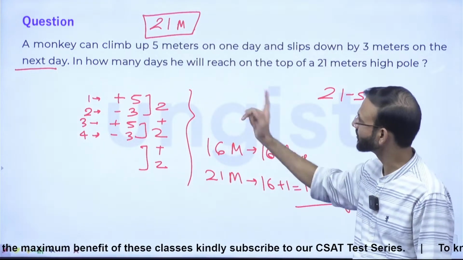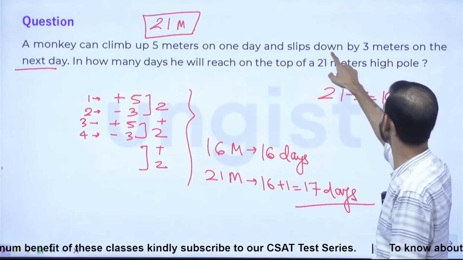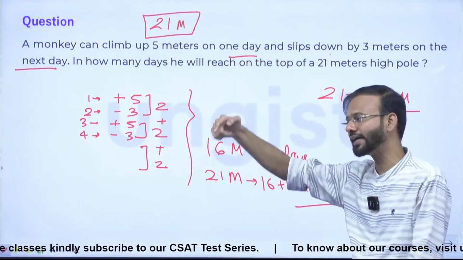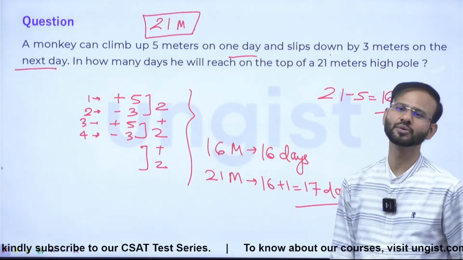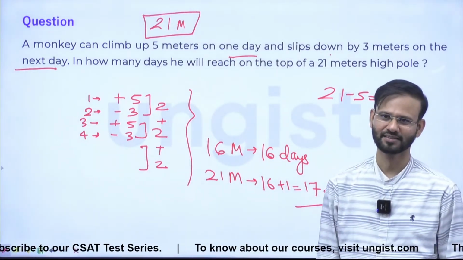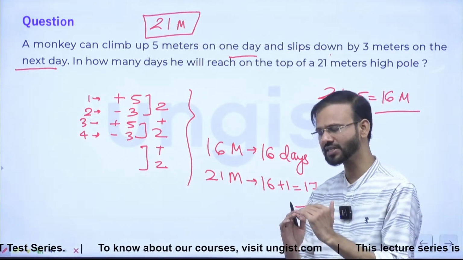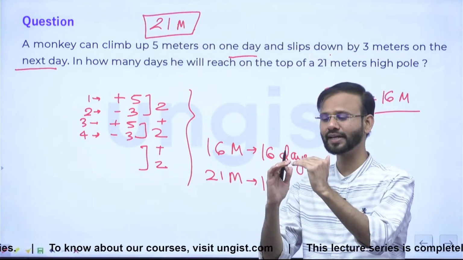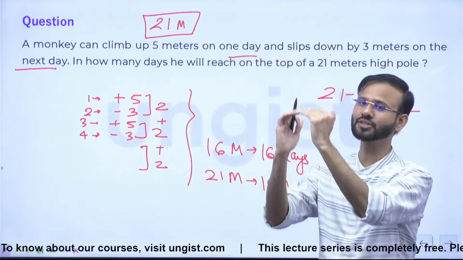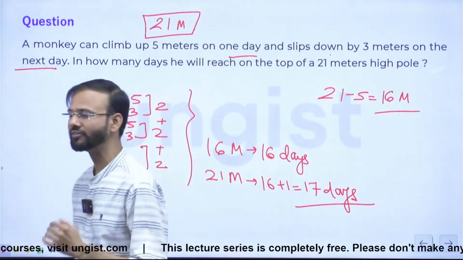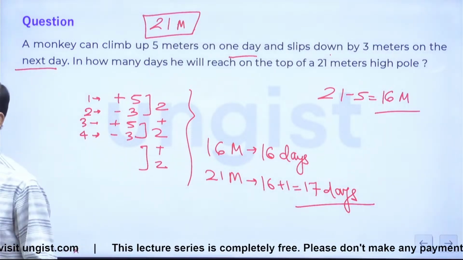Just read the question. On the first day, he climbs up by 5 meters, and on the second day, he slips down by 3 meters. So they are actually 2 days. Right? So in 2 days, effectively, he is climbing up by 2 meters. In the next 2 days, again 2 meters. In the next 2 days, again 2 meters. Right? So effectively, he is climbing 1 meter in 1 day.